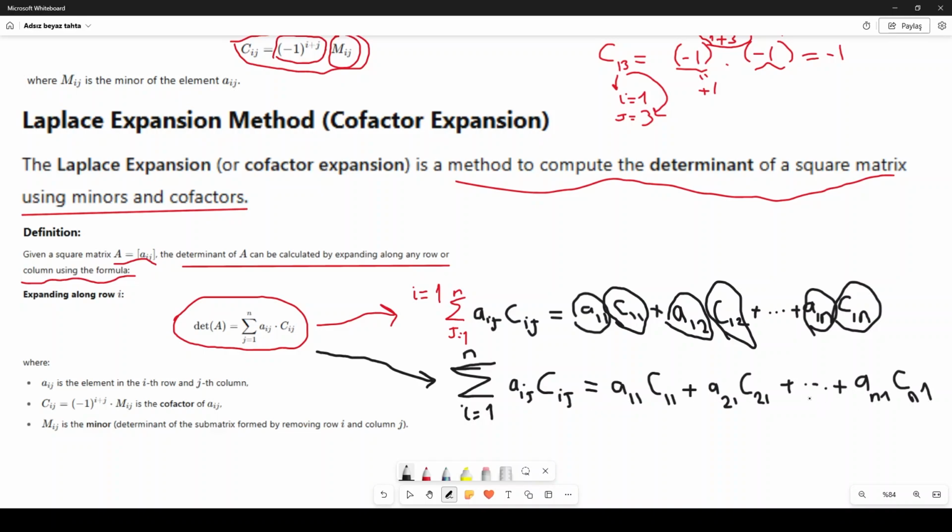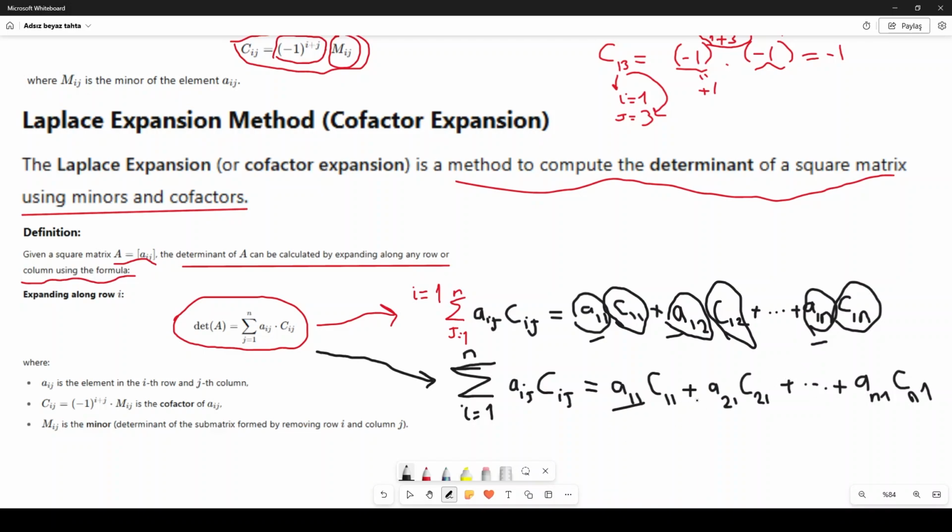And what has changed? Well, if you look at these summation formulas, in the one above I compute the determinant by expanding along a row. But in the one below, I expand along any column j. So if you notice, A11, A12, and A1n are the entries in the same row, which is the first row in this case.